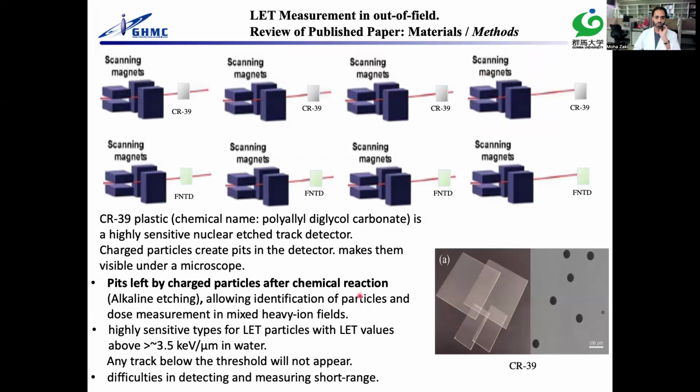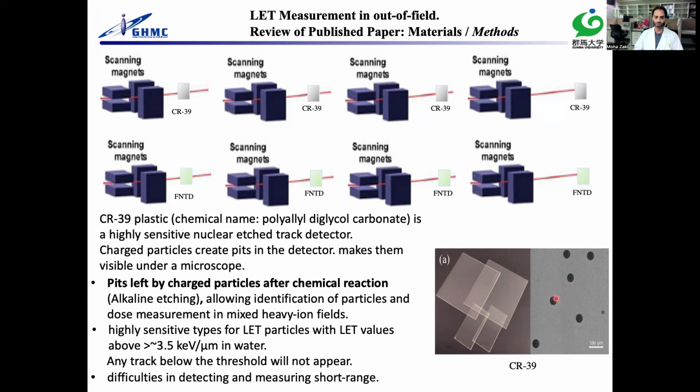So we will start with the materials first. CR39 is a plastic. This is the chemical name as shown here, figure A. It is highly sensitive to charged particles. Once the particle initiates a chemical reaction, pits will be created as the particle interacts.